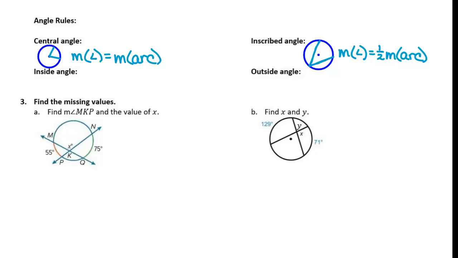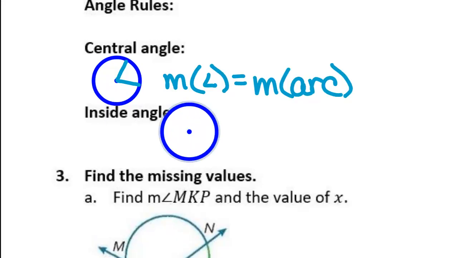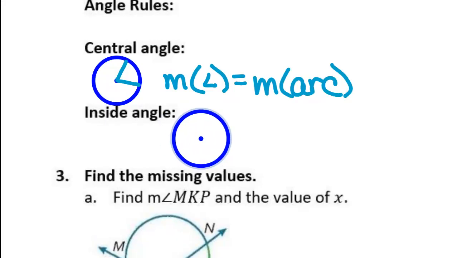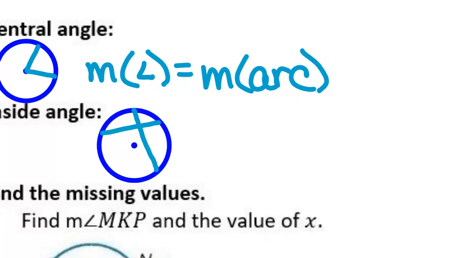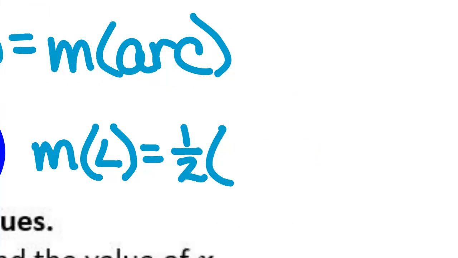Today we added inside and outside angles. For my inside angles, we have two chords or two secants crossing inside the circle. The measurement of the angle is equal to 1/2 times arc plus arc.